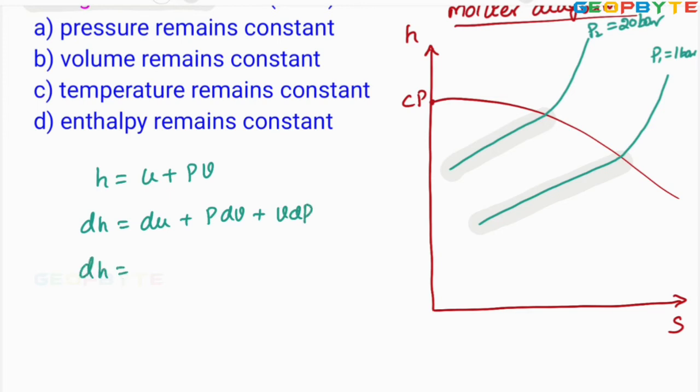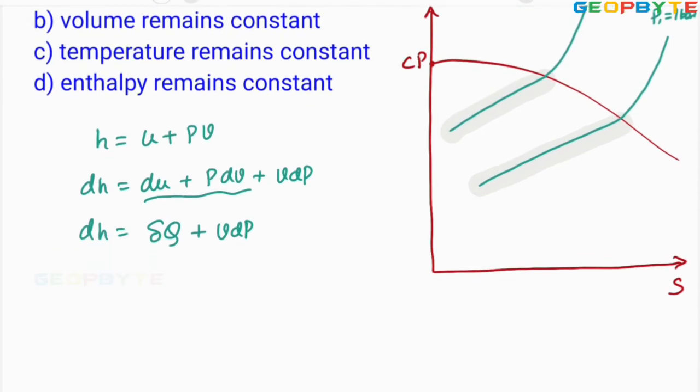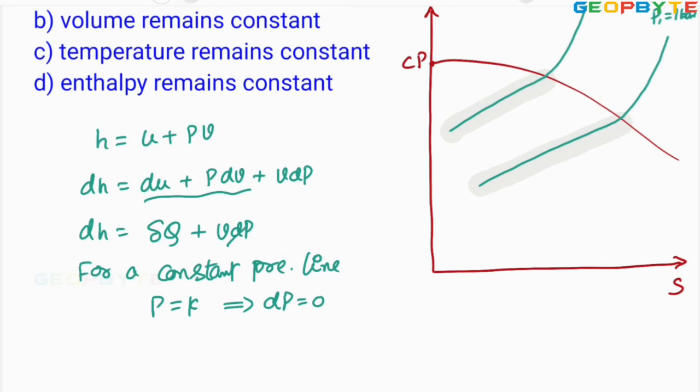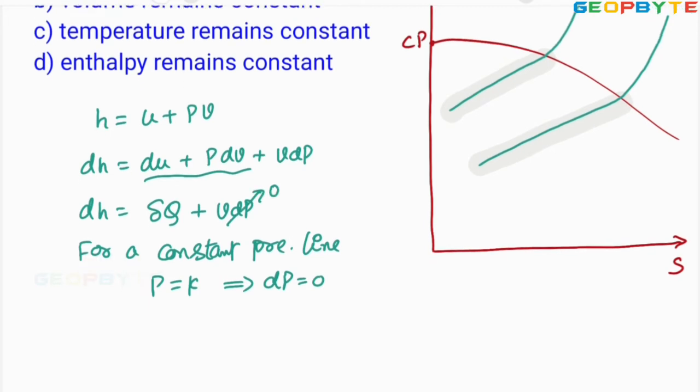Here dU plus PdV equal to delta Q, so dH equal to delta Q plus VdP. For a constant pressure line, P remains constant. If P is constant, differentiation of a constant is 0. Therefore, dP is becoming 0.